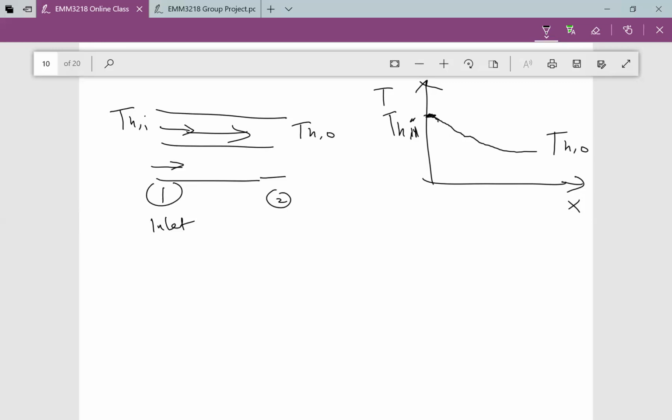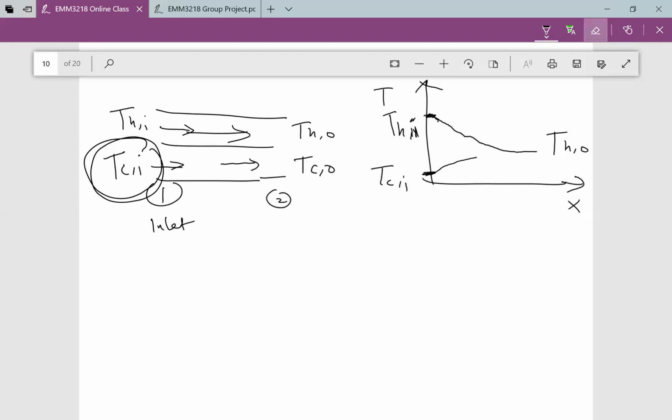The cold temperature comes in here, T cold inlet, the coldest temperature, and it gets heated as it goes, becoming T cold outlet, which is hotter than the inlet.